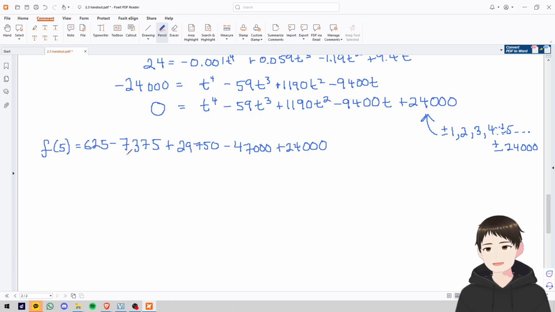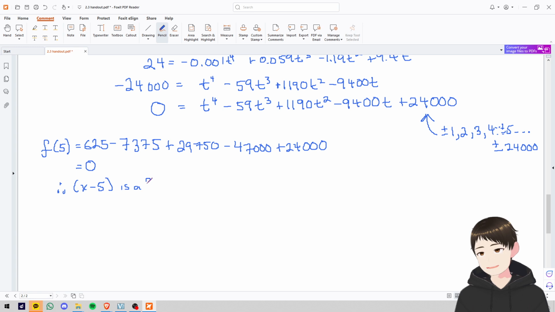At this point, some of you might have stopped writing, and that's okay. I hope I'm doing them right, because it doesn't look like it's going to turn into a 0. Let's see. 625 minus 7375 plus 29,750 minus 47,000 plus 24,000. Oh, it does. Just kidding, I tricked you. Okay, so therefore, x minus 5 is a factor. Yay.